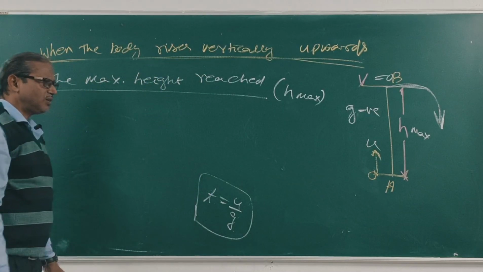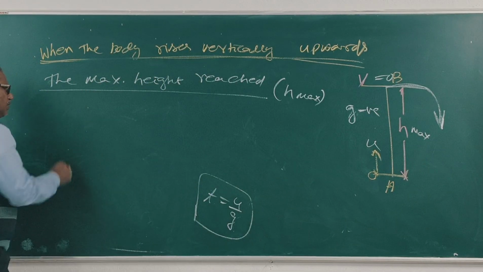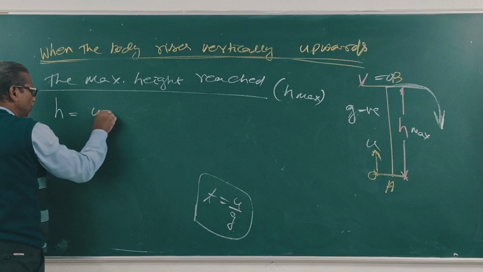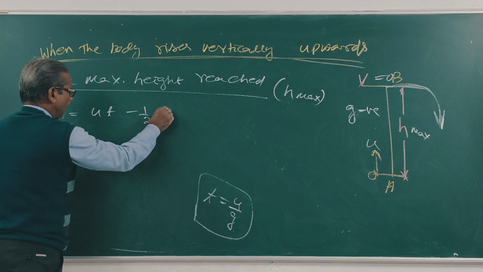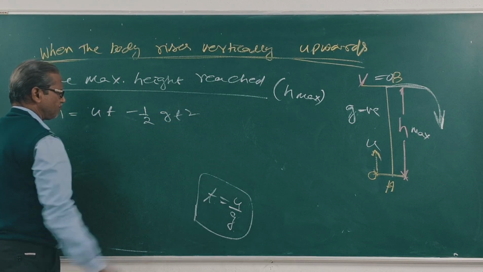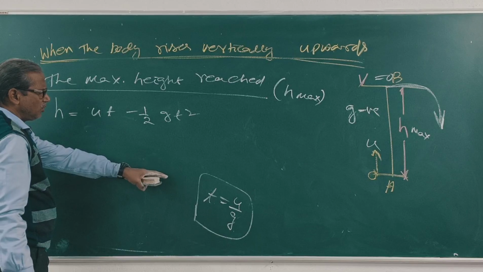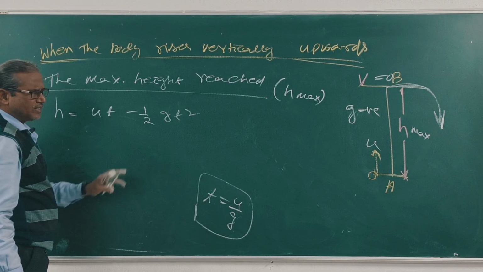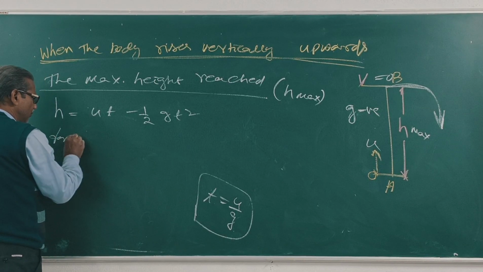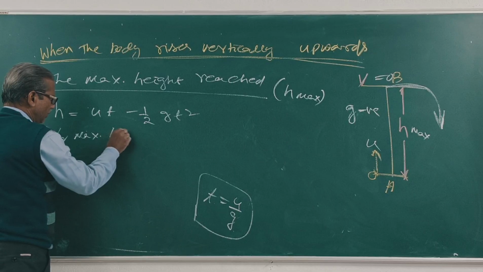We know h is equal to ut minus half gt square. Put t is equal to u by g for maximum height.